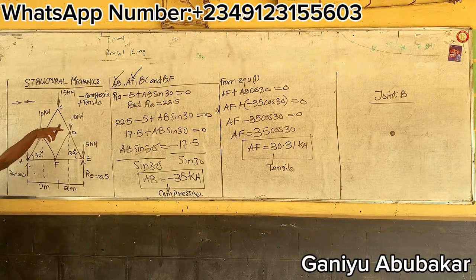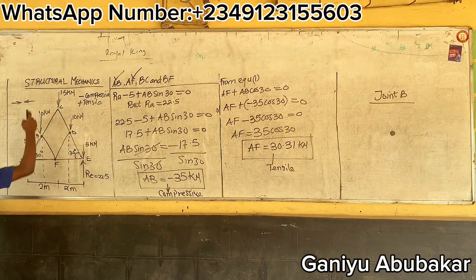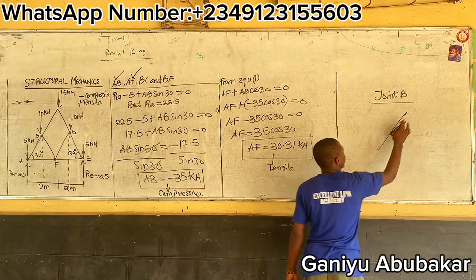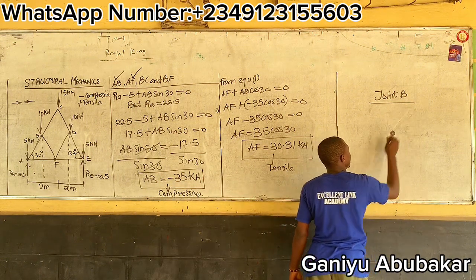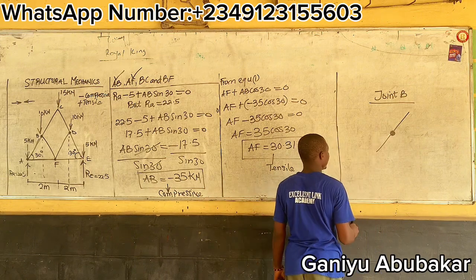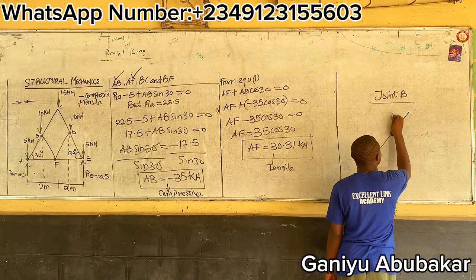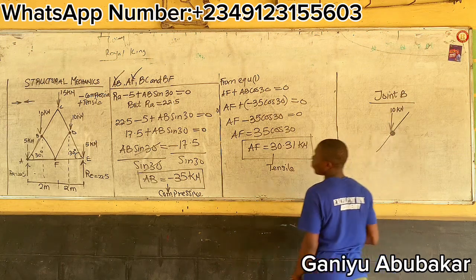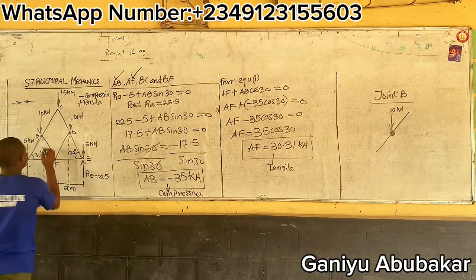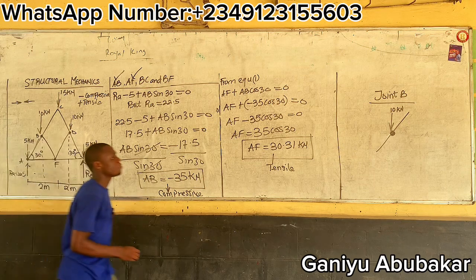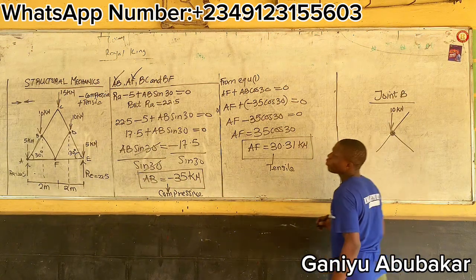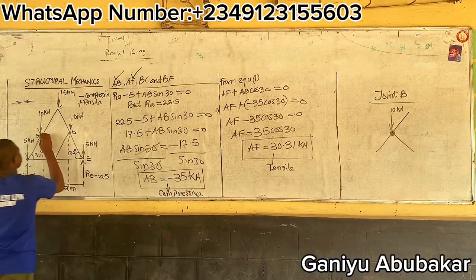A line this way, Abby, a line this way, and a force this way. I'm also seeing a force down this way, 10 kilonewton. I'm seeing a force like this way, down here. Look up, all I call this line, I just draw.